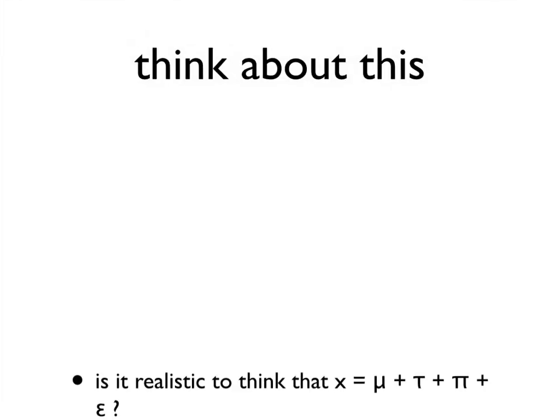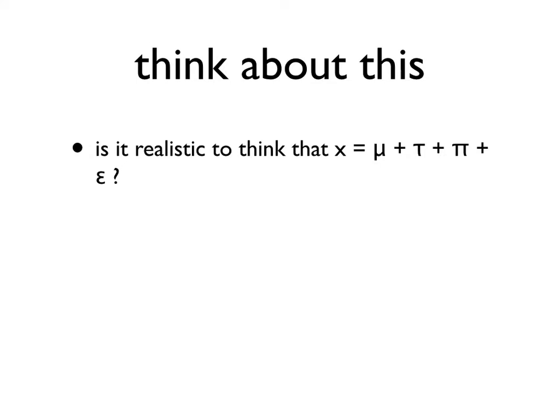So think about this a bit. Now that I've introduced the idea, is it actually reasonable to think that this is true? X equals mu plus tau plus pi plus epsilon. In other words, shouldn't there be an interaction? In fact, when I told you about the idea of the same subjects getting tested over and over, I said that Wendy had super memory, right? But you guys didn't have super memory.